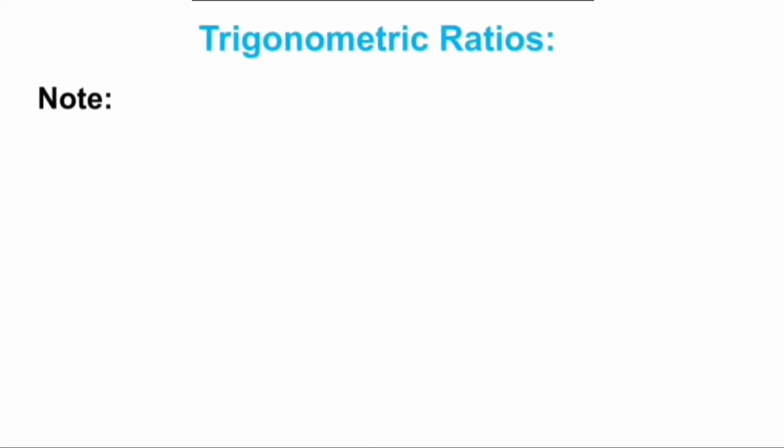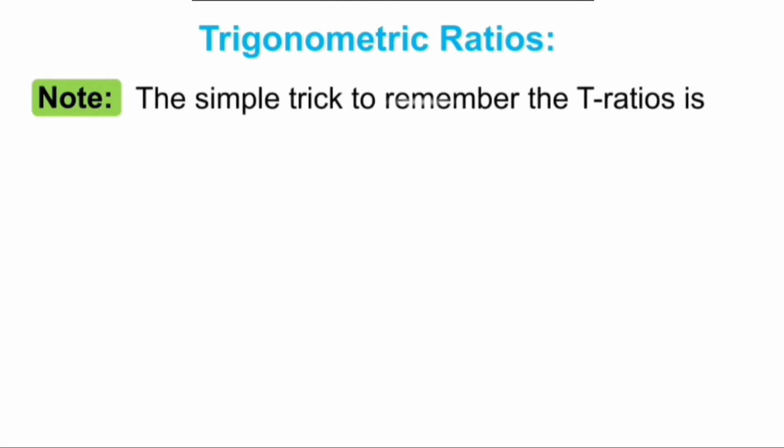Next, note. Children, can you remember the definitions of all the 6 trigonometric ratios? If not, let us look at a simple trick to remember all the 6 trigonometric ratios.